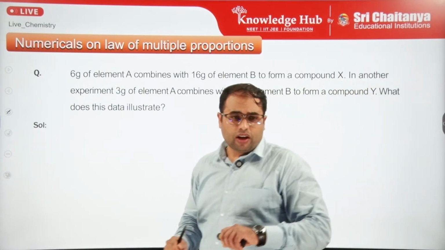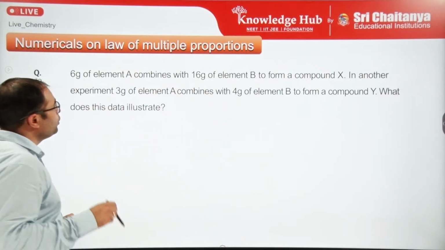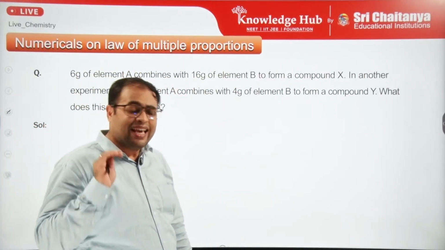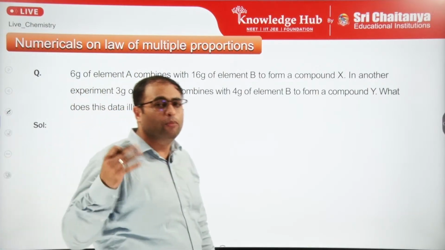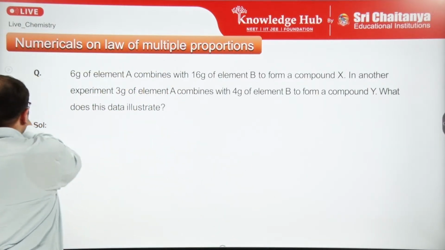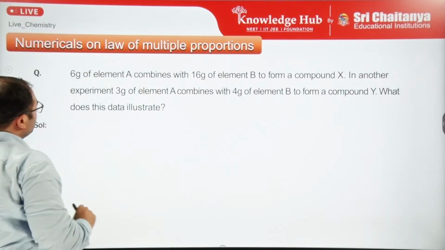So this is the last numerical which I am going to discuss today, and we are going to finish the law of multiple proportions. In the next class, we will learn about some more laws, but before that, let us have a look at this last numerical.